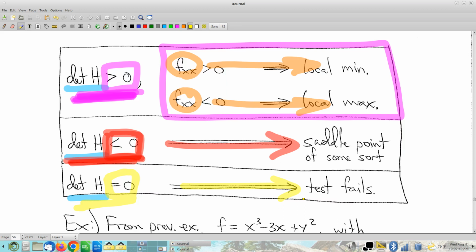It's that we don't want to. And so when the Hessian determinant's equal to 0, we just throw up our hands and say, you know what, this is too weird for this test, and so we're just going to declare that the test comes to no conclusion. And since the purpose of a test is to come to a conclusion, I think it's fair to say the test fails. Yeah? Everybody happy?